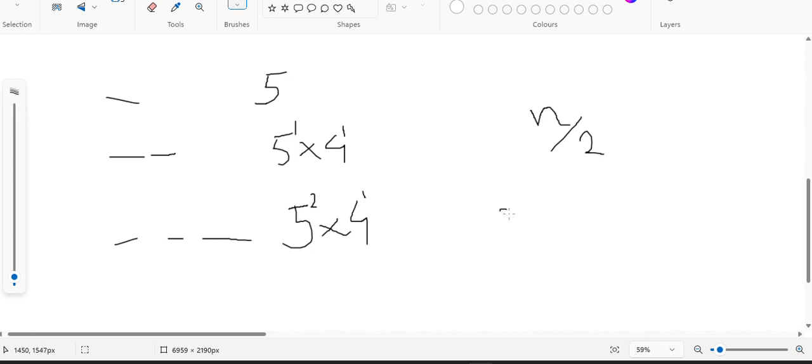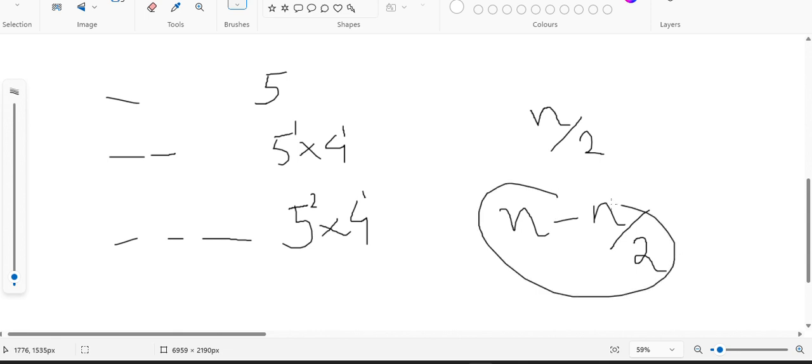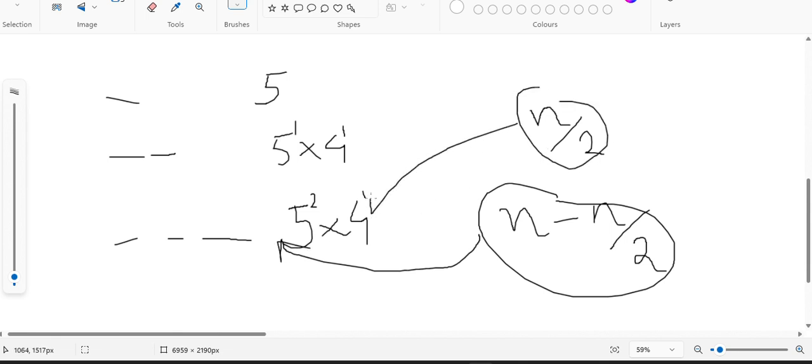So what am I left with? I am left with n minus n by 2. So n minus n by 2 becomes the power of 5. It will go with 5 and it will go with 4. Is it working?